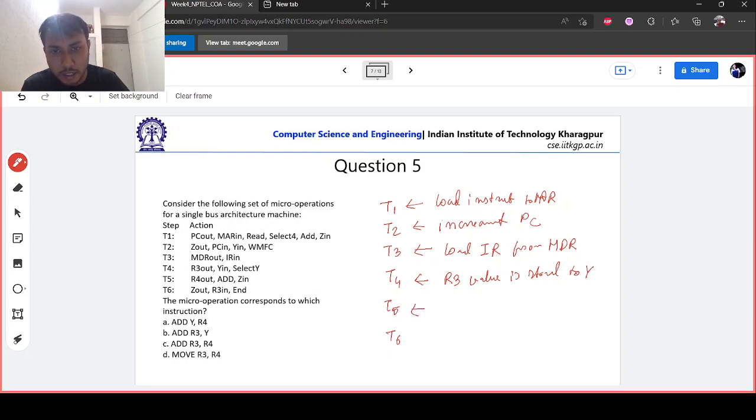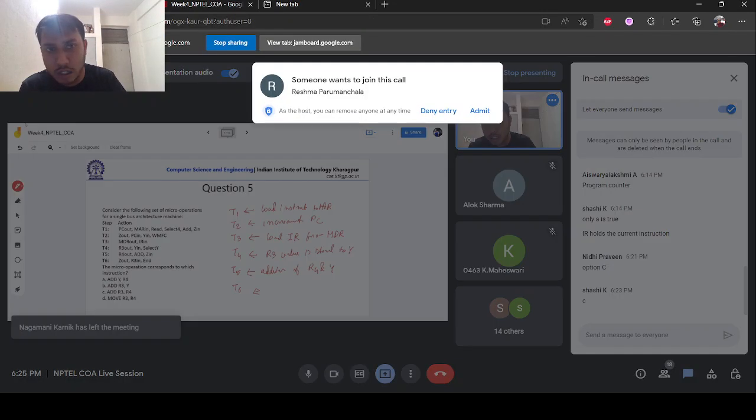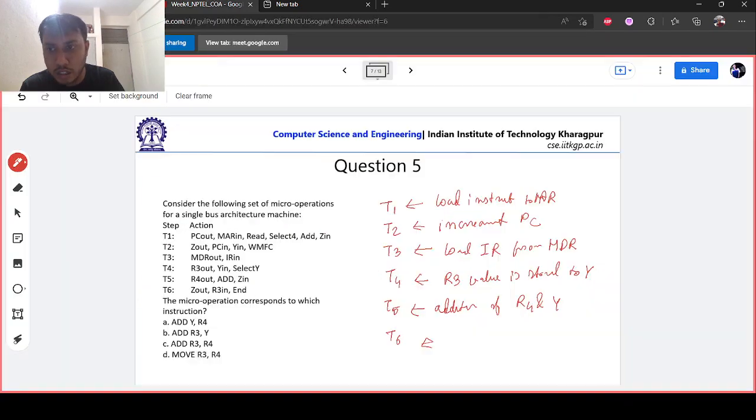T5 does is addition of R4 and Y, and the result is stored in Z. And what T6 does is value of Z is transferred to R3.